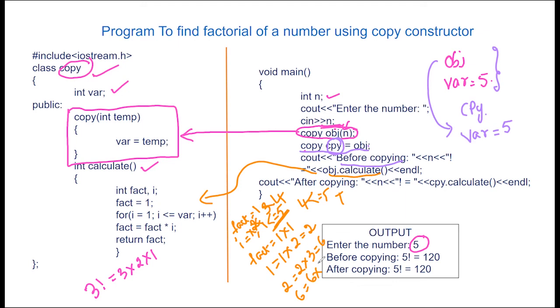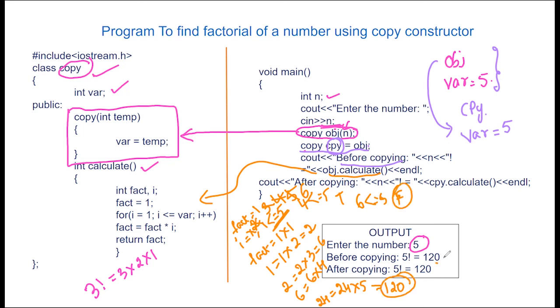So fact is 6 into the next value 4, so it is going to be 24. Now again i is going to become 5. This is still true, so I am going to calculate 24 into 5, which is 120. Now i is going to become 6, but this is going to become false. This particular condition is not satisfied, hence we are going to stop at 120.